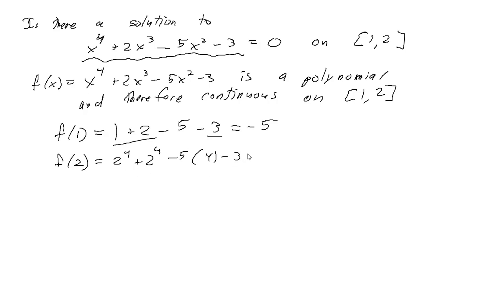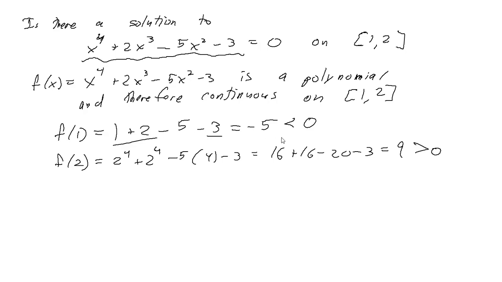So this is 16 plus 16 minus 20 minus 3, and 32 minus 20 is 12, minus 3, or 9. So this is going to be greater than 0. The other one was less than 0, right? And we want to see if this thing equals 0 somewhere in between 1 and 2.